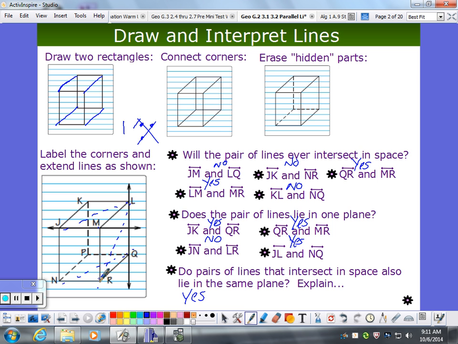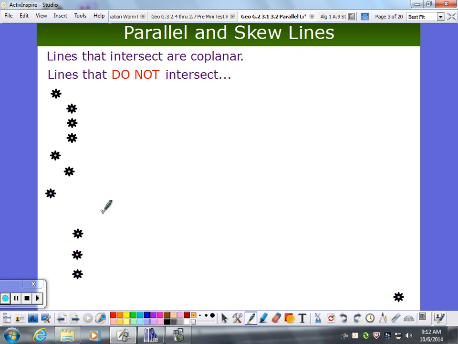So if I have M, R, and LQ, they don't intersect, but I could put a piece of paper. So we're finding that if they intersect or are parallel, then I can have a plane. But if they don't intersect and are not parallel, then we don't. Which is what we wanted to conclude from that little picture.